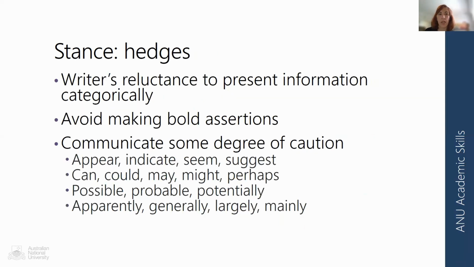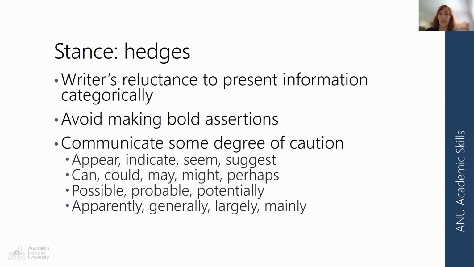their argument and the worth of their research. Okay, so there's also something called hedges, where you can be reluctant to present information categorically, and that's okay too. You want to present a strong argument, but you can't obviously present all of your findings or all of your points in a very categorical fashion.